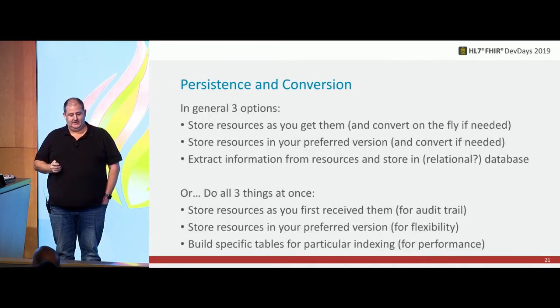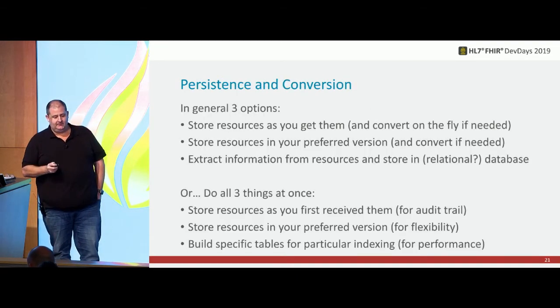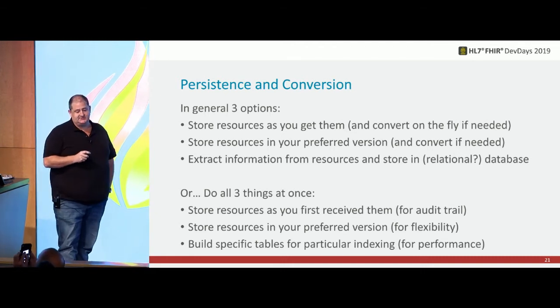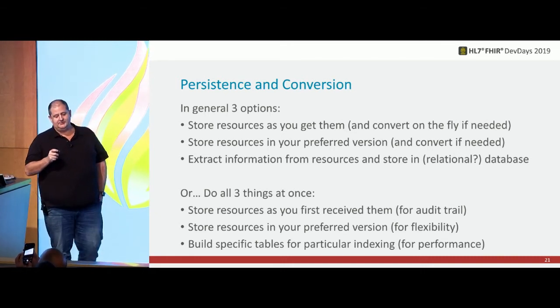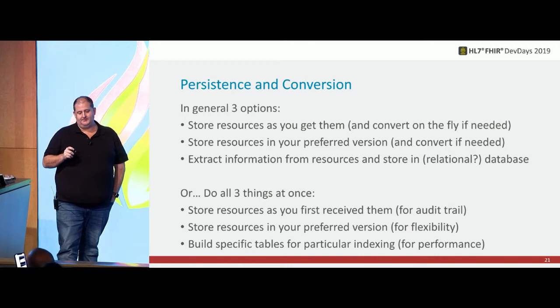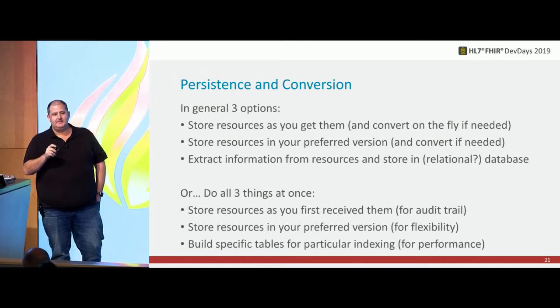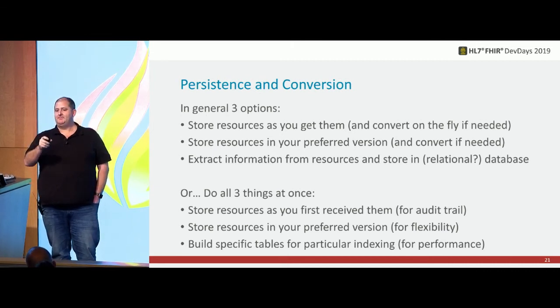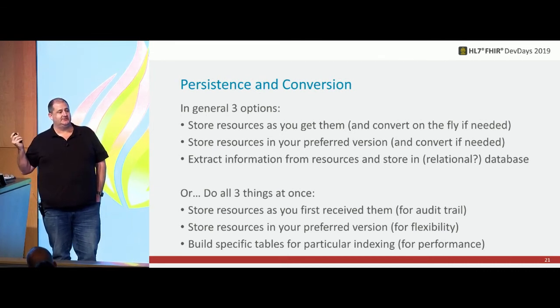Now, in general, when you're dealing with persistence, you have 3 options. In fact, I realised I missed something before. A lot of people, when they implement the FHIR API, put a facade of their API in front of a relational database. In fact, that's probably the majority implementation.